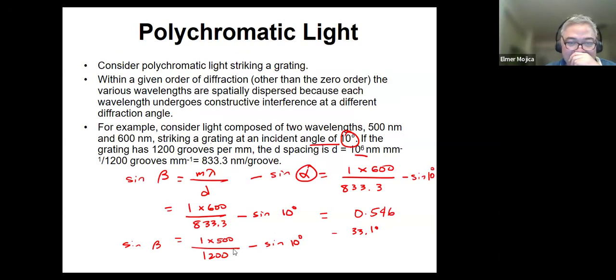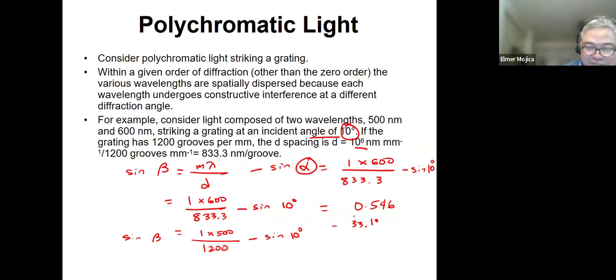So if we look at this, what we call D is really a value here, the distance between the two adjacent groups. So what do you get? So we could say this one is 33.1.